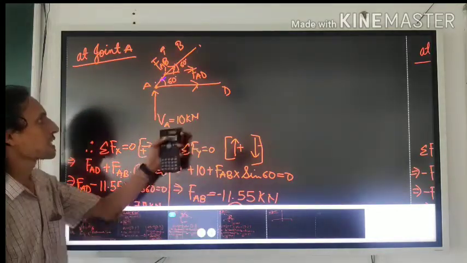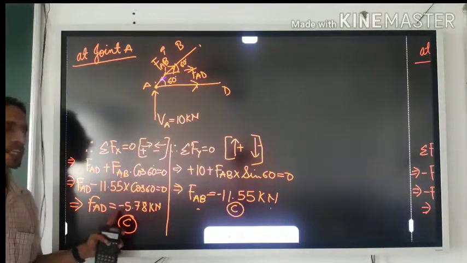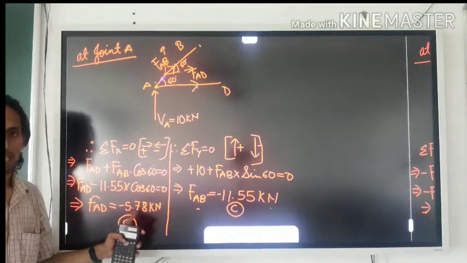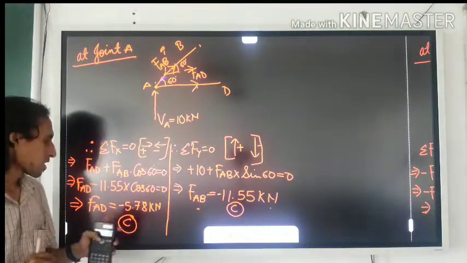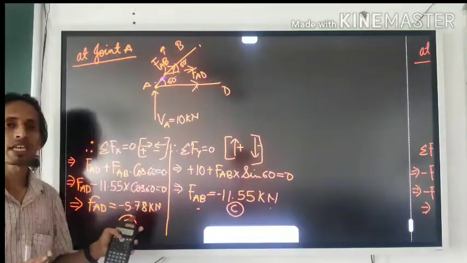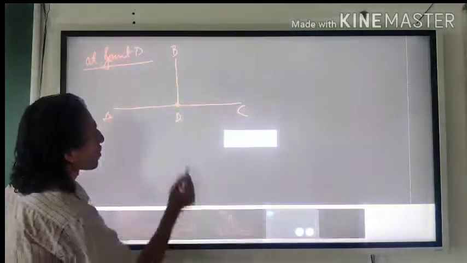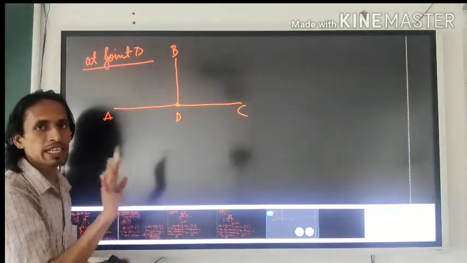Now you have already calculated a few things, that AD is in compression and the value is 5.78. So put that there. This member AD is in compression.